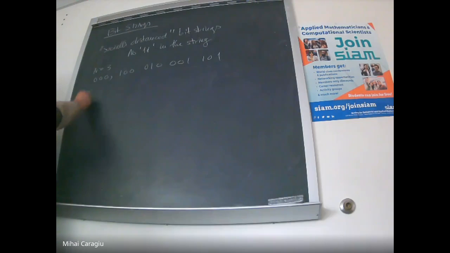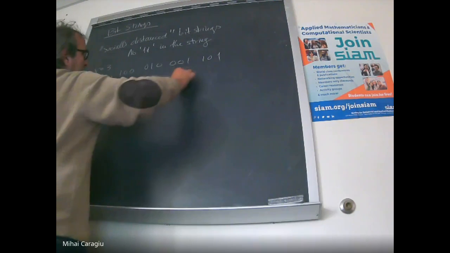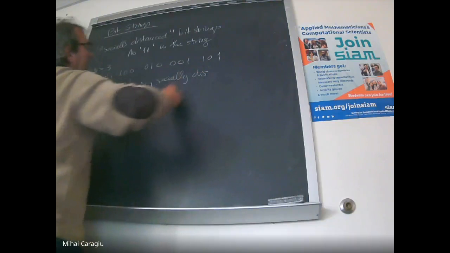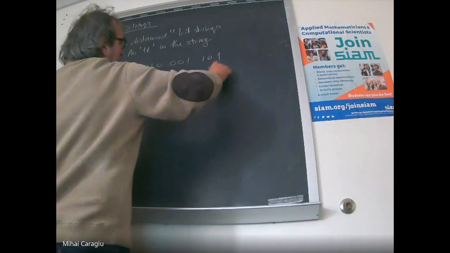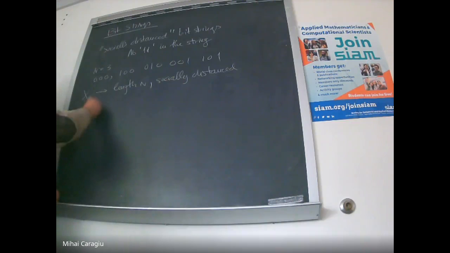So let's call x_n the number of socially distanced bit strings of length n. Let's make a table here, n versus x_n.